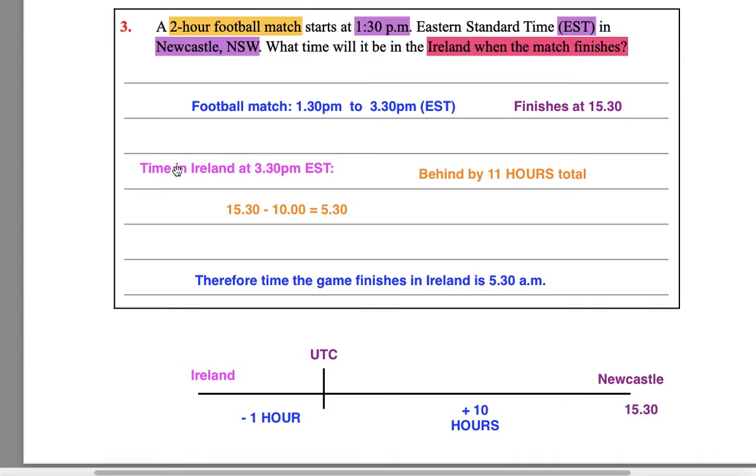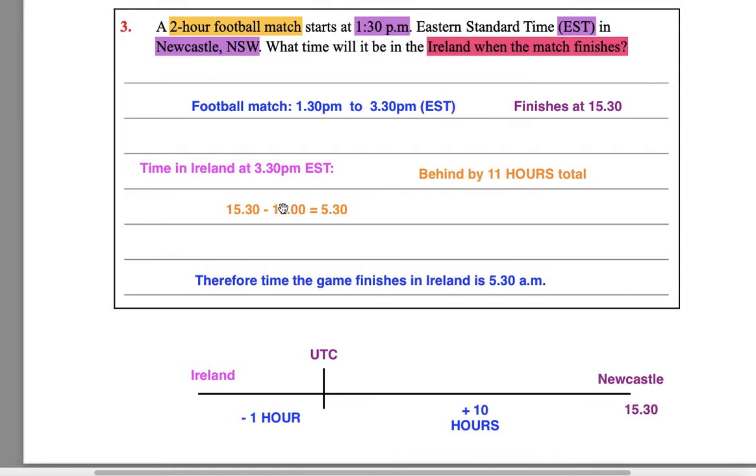So if I want to find the time in Ireland when the match finishes, here's my finishing time. I now have to have a look and see what the difference is between where I am and Ireland, having a look at, sorry, that's a typo, that's supposed to say 11. So figuring out what time it actually is in Ireland.